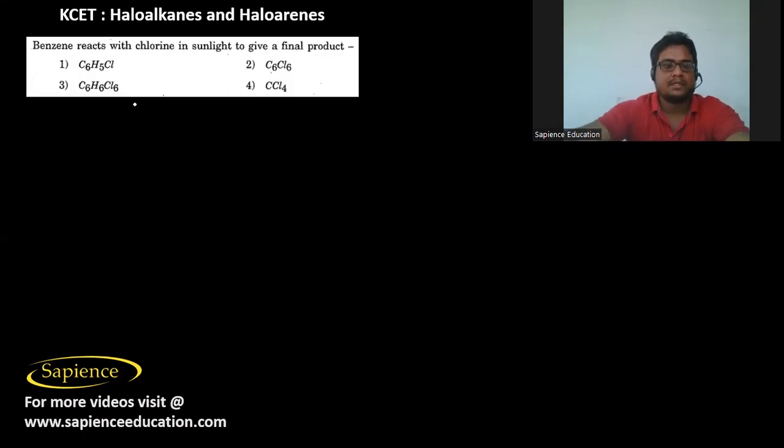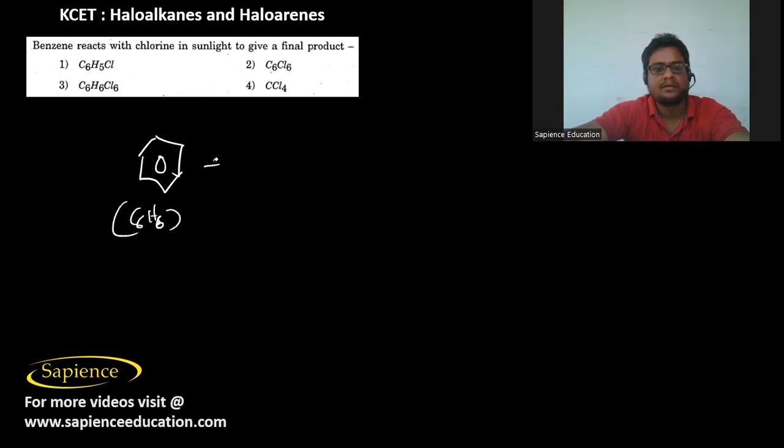And here it is said that benzene reacts with chlorine in sunlight to give a final product. So benzene, which is C6H6, will react with chlorine in the presence of sunlight to give the final product.